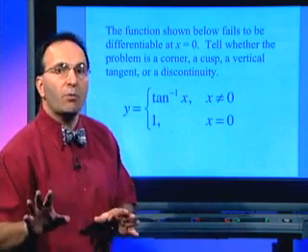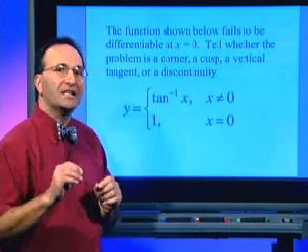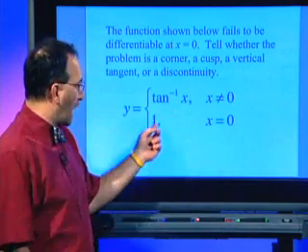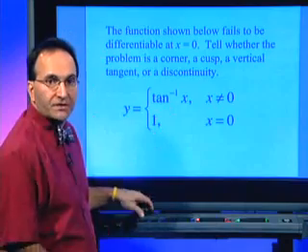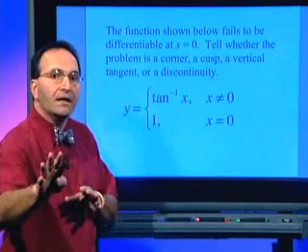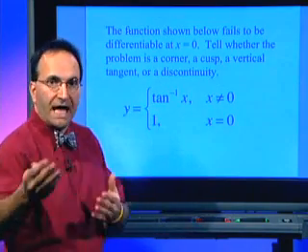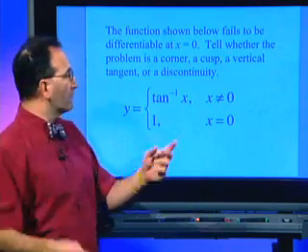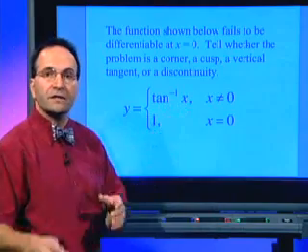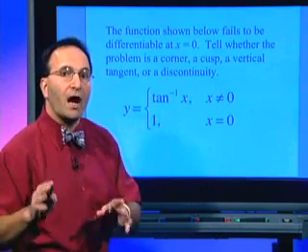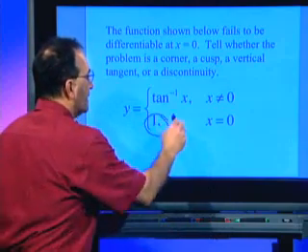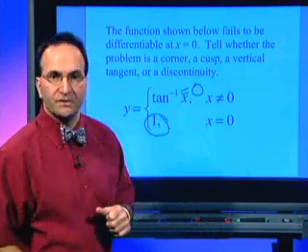Since we want to differentiate at x equals 0, and at x equals 0, y is equal to 1 by definition, but the arctan of 0 is 0, the problem is discontinuity. This one gives us 1, and this one would give us 0.